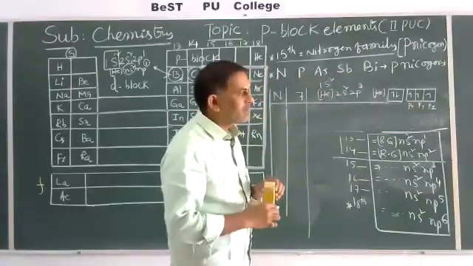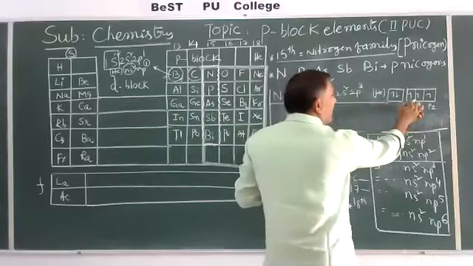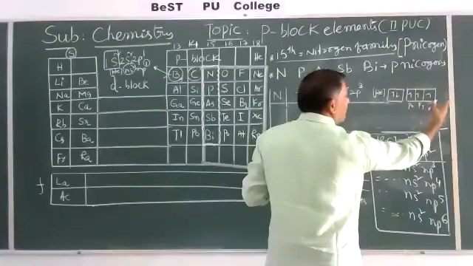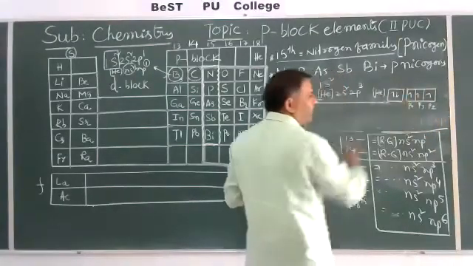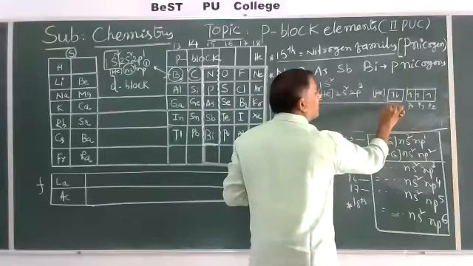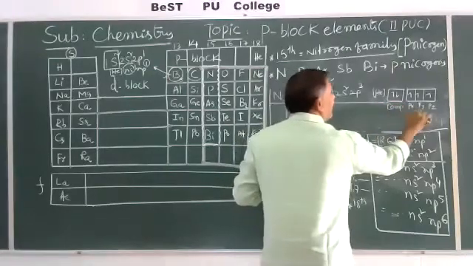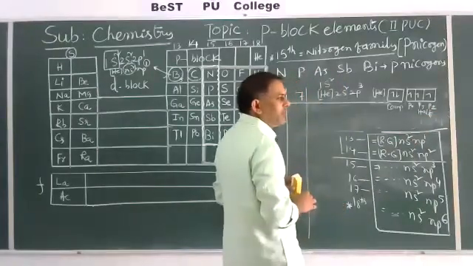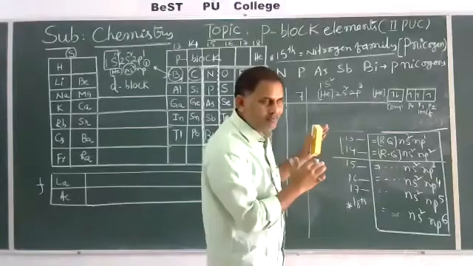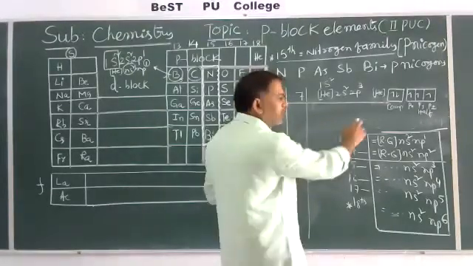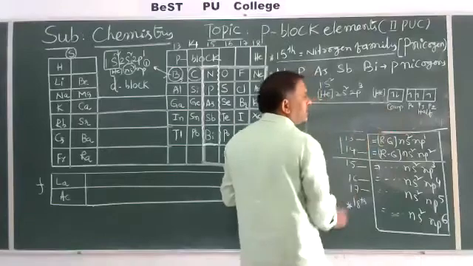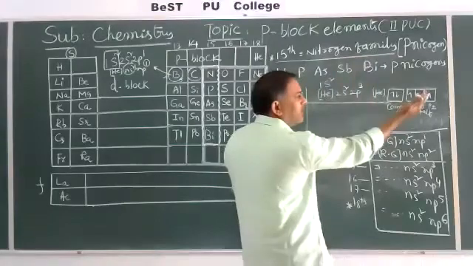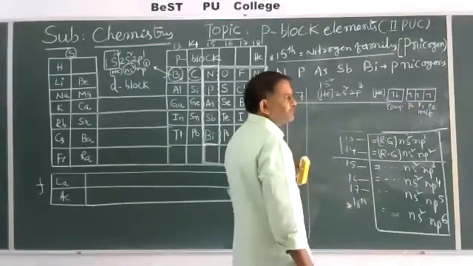Any extra remaining electrons are paired up. Half-filled or completely filled orbitals are more stable. That's why this 15th group element shows some peculiar properties compared to the 14th and 16th group elements.